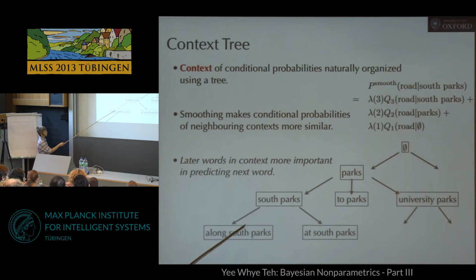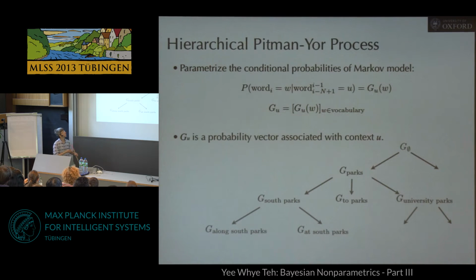where at each node of the tree, we have the distribution of the next words given the context in that node. Basically, we can parameterize our high-order Markov model using the following conditional probabilities.